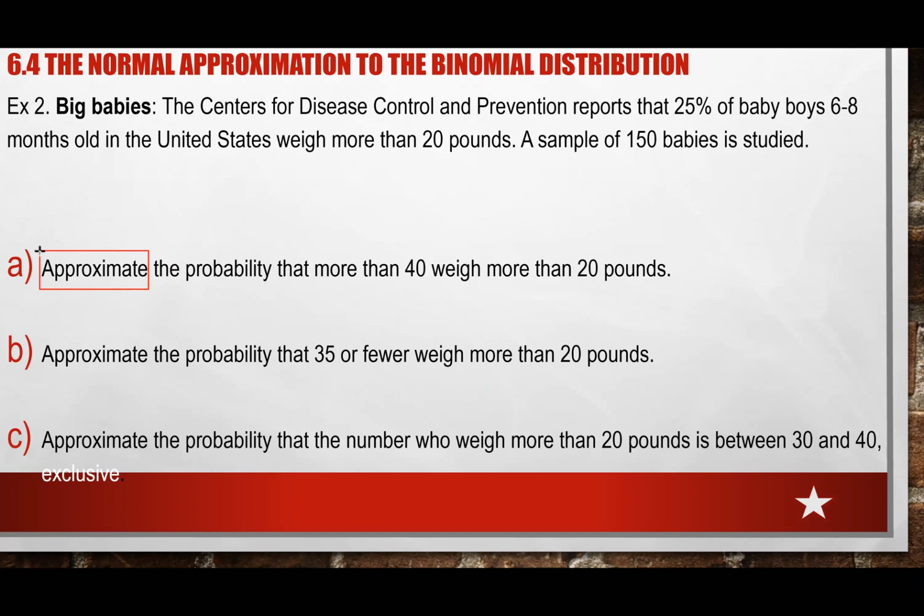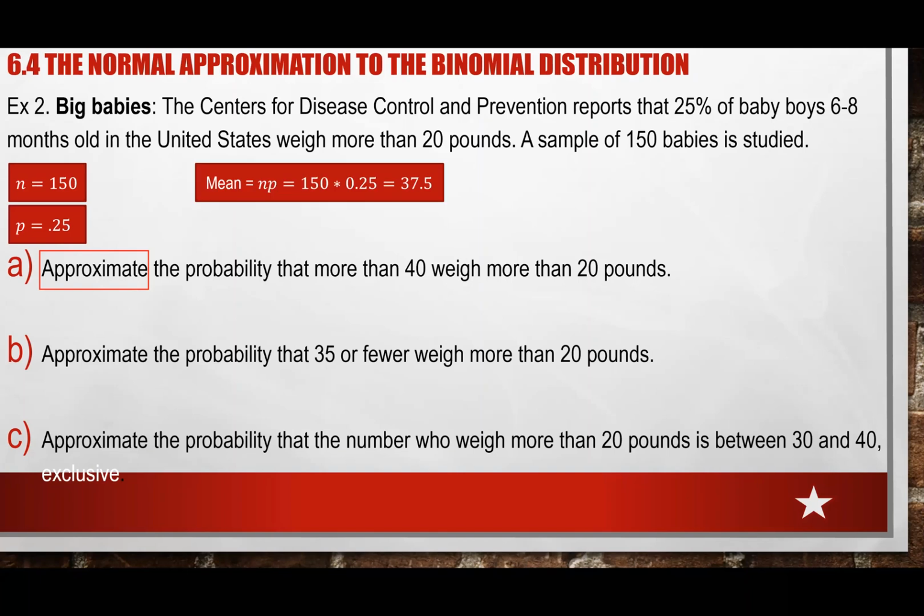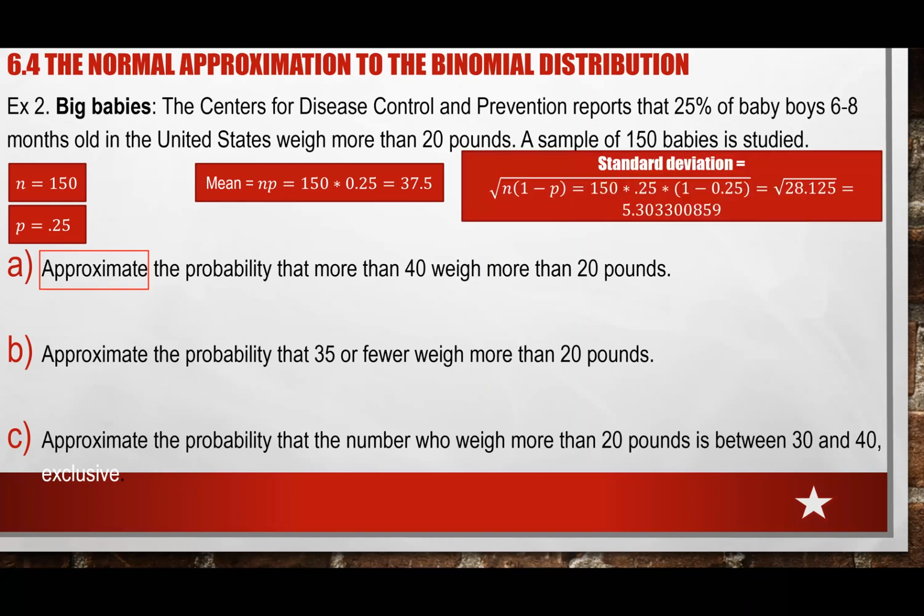So before we do this, we need to know the mean, right? Hopefully you guys remember that the mean is n times p. That is my mean, n times p. And I need to find my standard deviation.